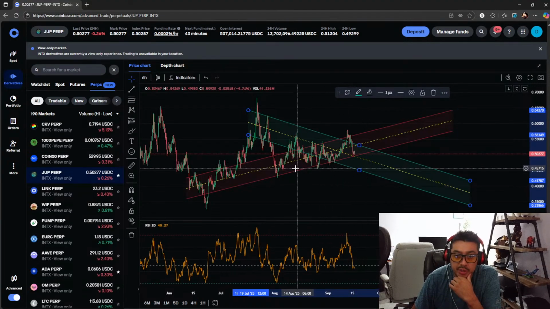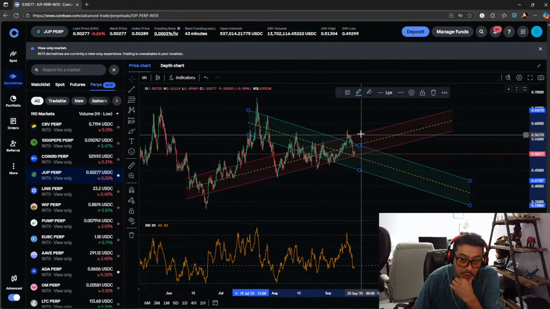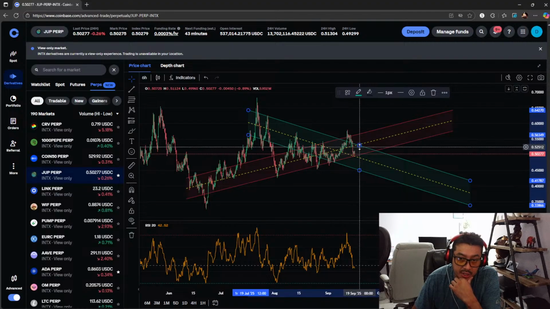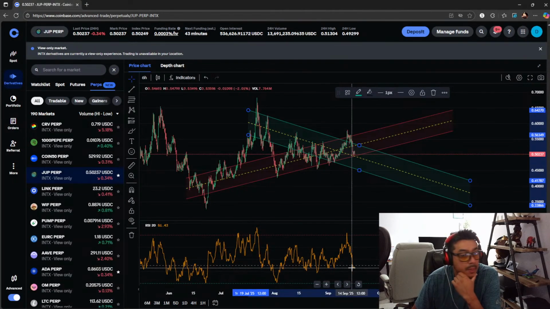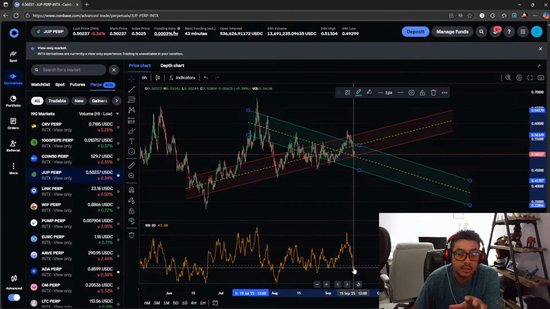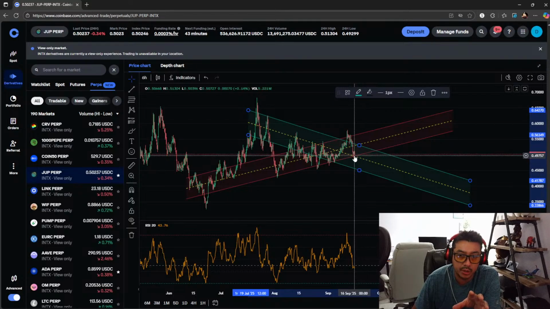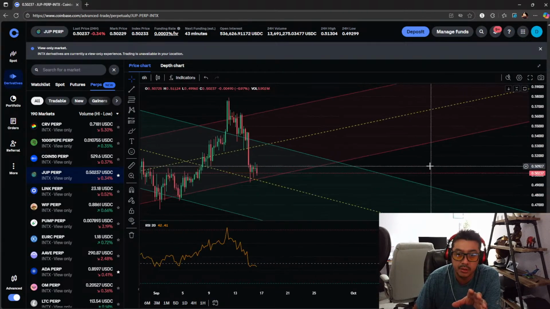Right here, we're following this trend line going up. So we might hit this guy, or we might touch base here and start going down. And look, judging by our RSI, we still have some momentum. We still have room to drop down. So we'll see what this does before going back into Jupiter.